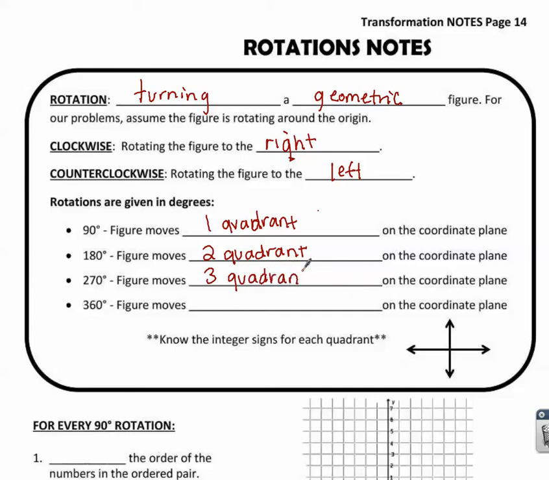Again, it's going to be right or left, depending on if you're doing clockwise or counterclockwise. And a 360 is going to be 4 quadrants.